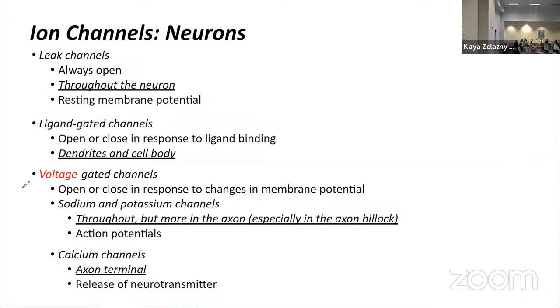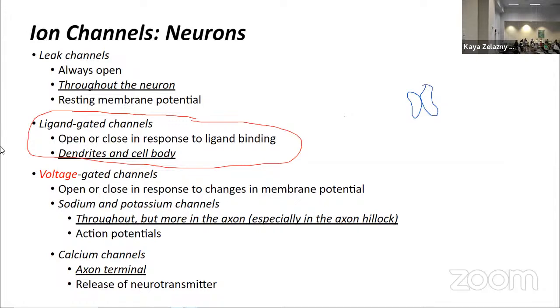What we have been talking about in a kind of sideways way just now, when we've been talking about graded potentials, is that often these are going to be ligand-gated channels, although some of them may also be voltage-gated. A ligand is something that binds onto something else, right? So we're imagining a channel that's closed initially.